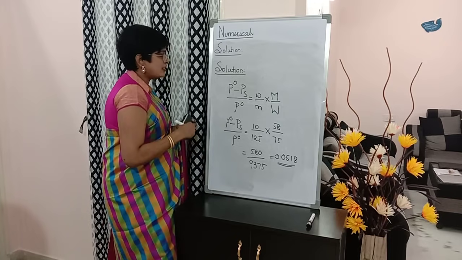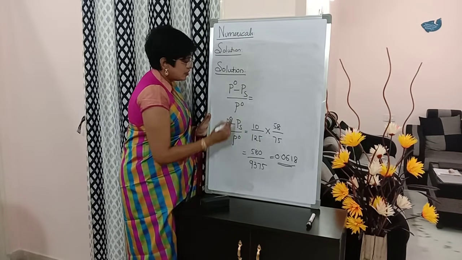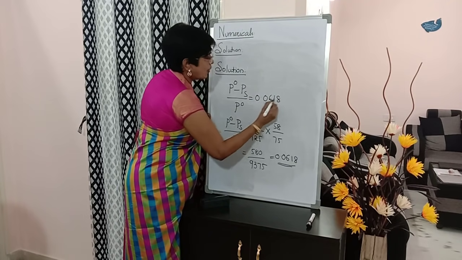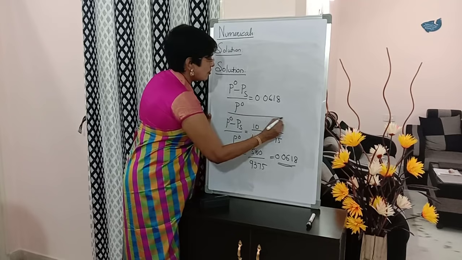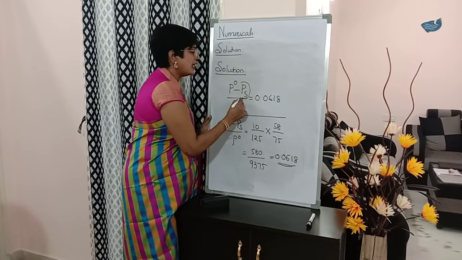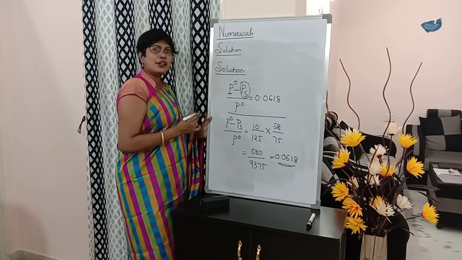0.0618. That means, students, look here, I am erasing this one. So, this value we are getting as 0.0618. Okay. So, what is to be calculated from this? PS is to be calculated. We know the P naught value. Okay. So, what you can do?